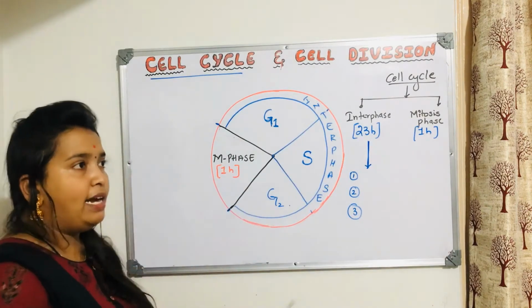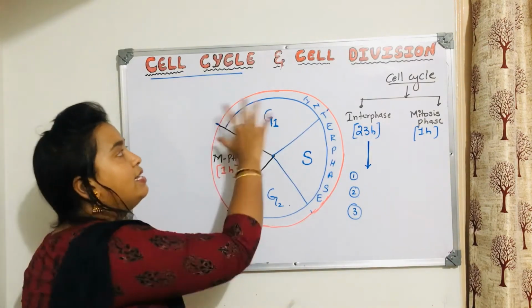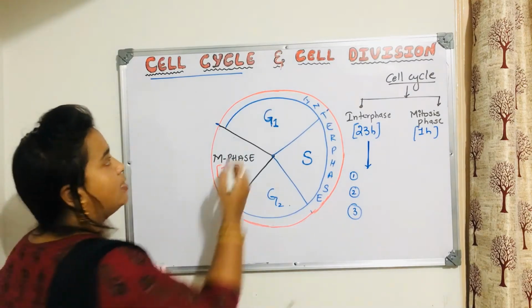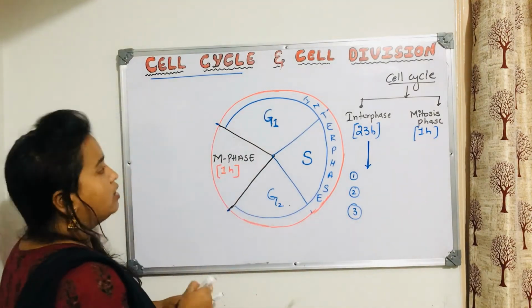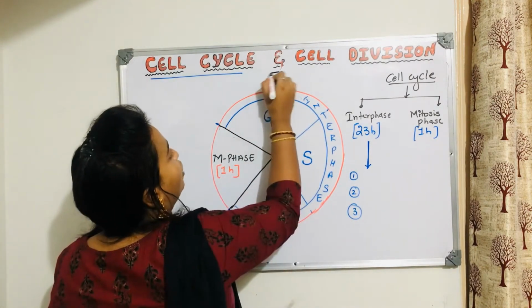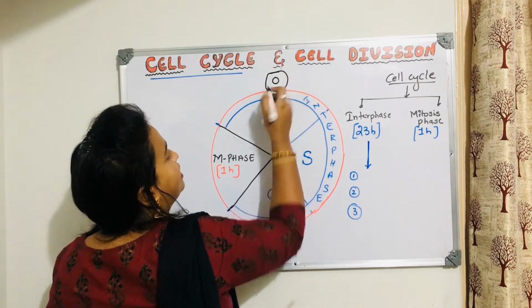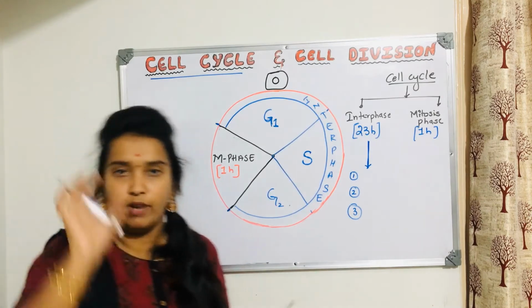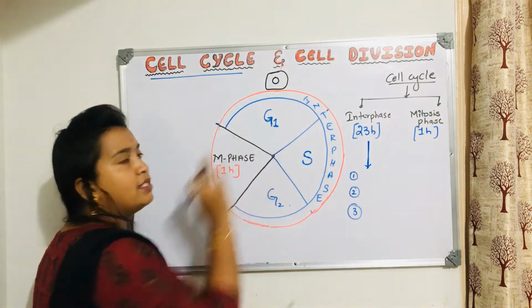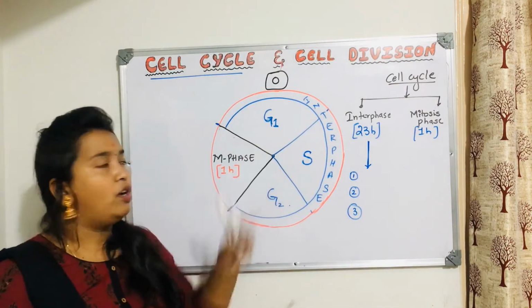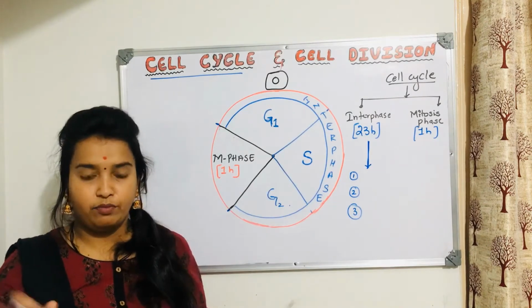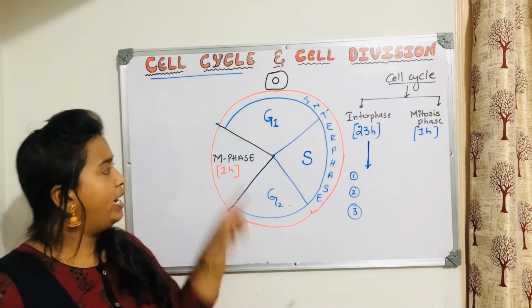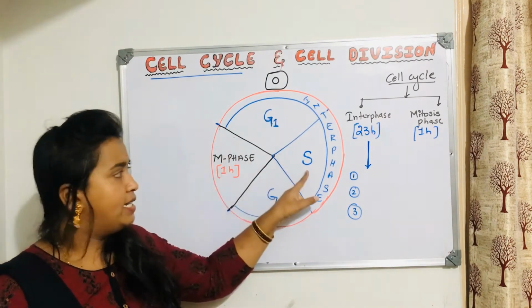Now as you know, once the cell is produced, let us consider there is one cell over here. This is the cell. I already explained in the previous class, cell cycle and cell division part 1, what happens in this phase. This is also called the gap phase, because it is a gap between the division phase and the synthesis phase.